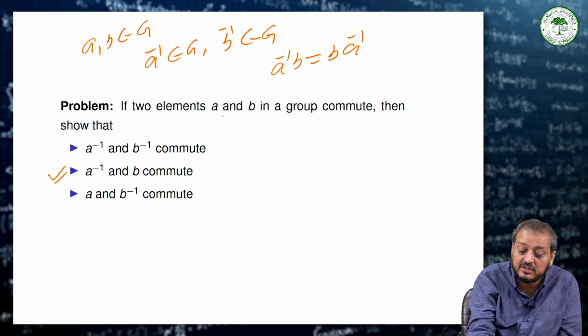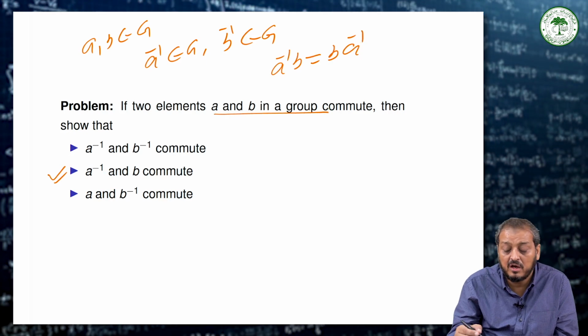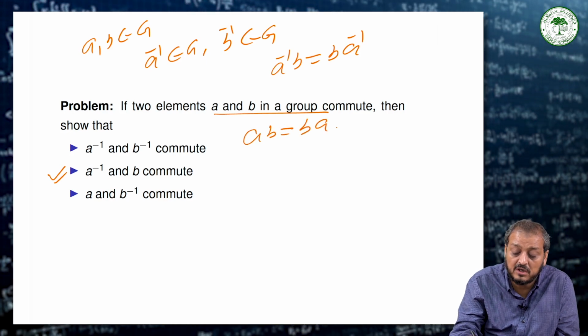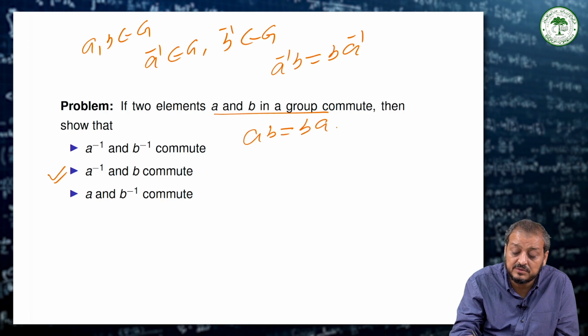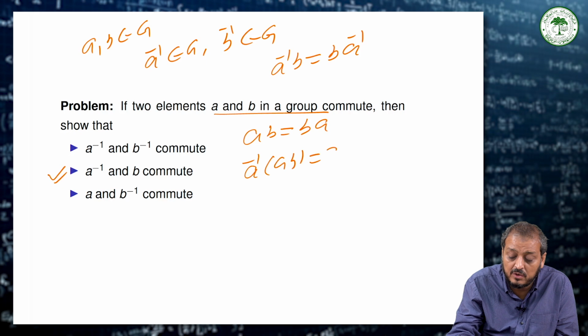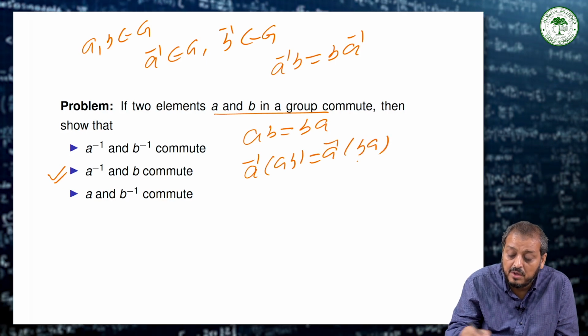We are given that A and B commute, so AB is equal to BA. Multiplying by A inverse, A inverse AB is equal to A inverse BA.